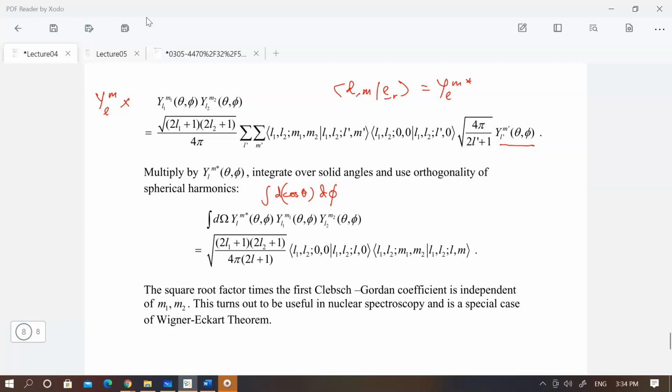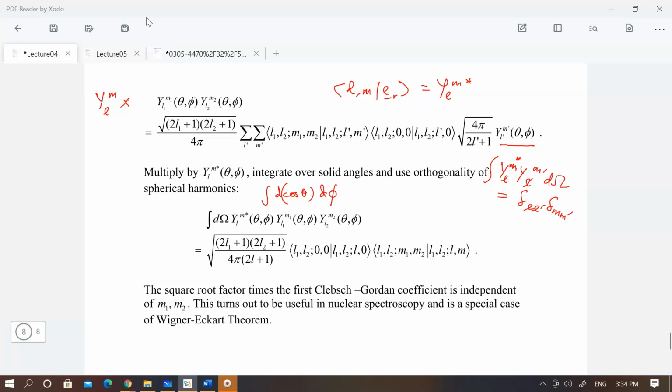In fact, if you integrate Y_LM star and Y_L'M' over the solid angle, that should give you delta L L' delta M M'.